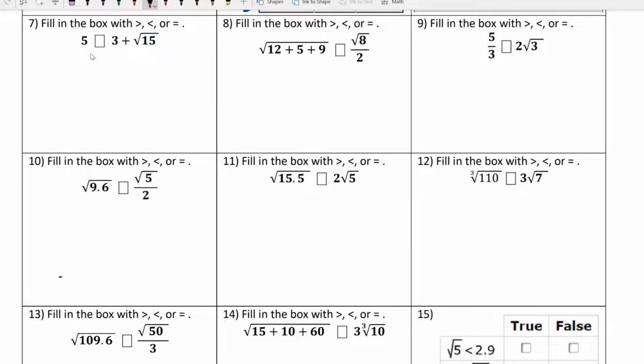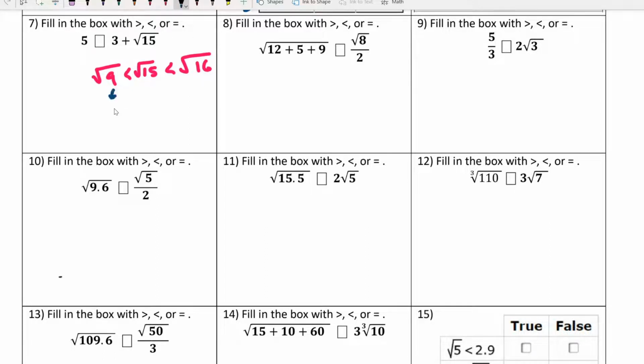One side is 5, the other side is 3 plus square root of 15. Square root of 15 stays between two perfect square numbers, which are square root of 9 and square root of 16. 9 is 3 times 3, 16 is 4 times 4.